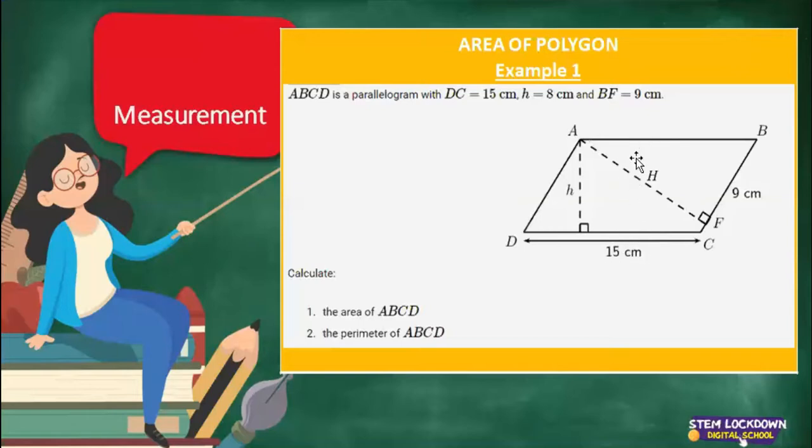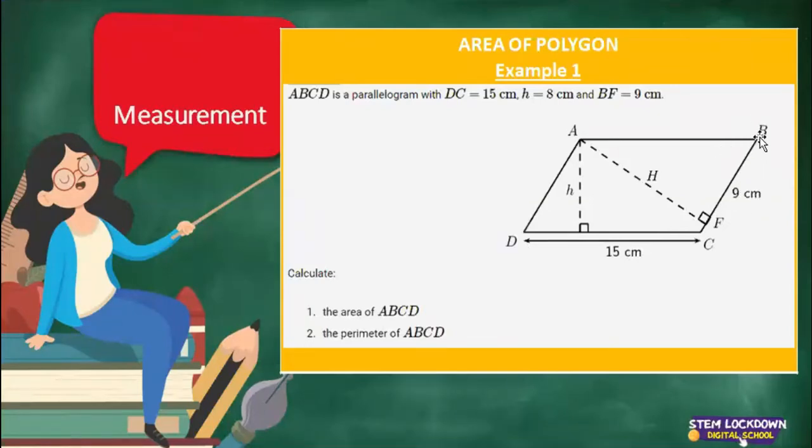For a parallelogram, opposite sides are parallel and equal. So AB is parallel to DC, and AB equals DC. So AB is 15 centimeters, but our BF is 9.